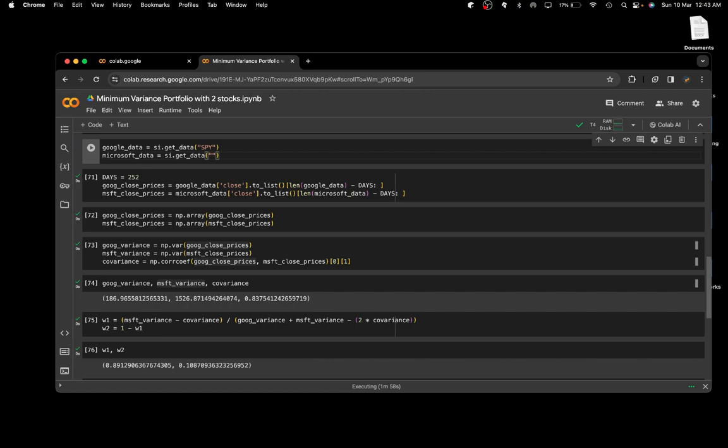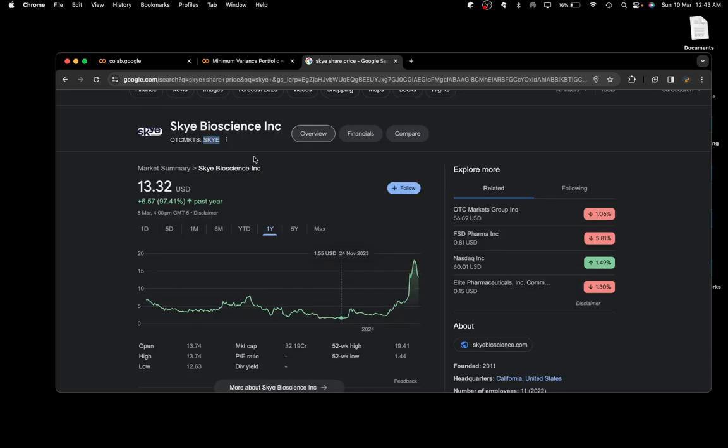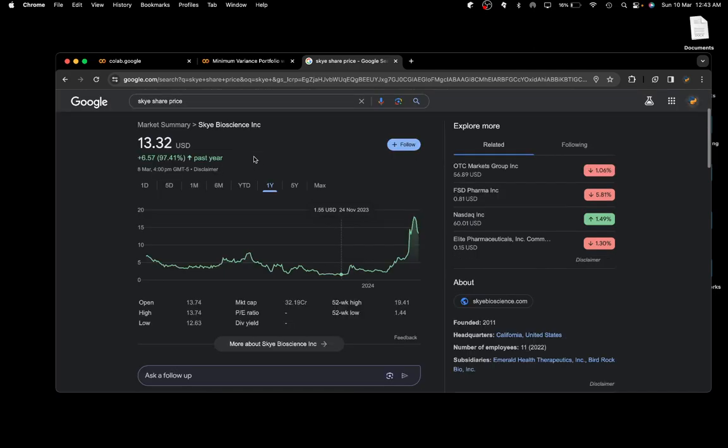It grew something like 100% in 1 or 2 days. It was insane. So I want to use this because it's going to be fun to have a stock that is so insanely volatile. I don't know if I'll even be able to get the data. Apparently I can. That's cool.